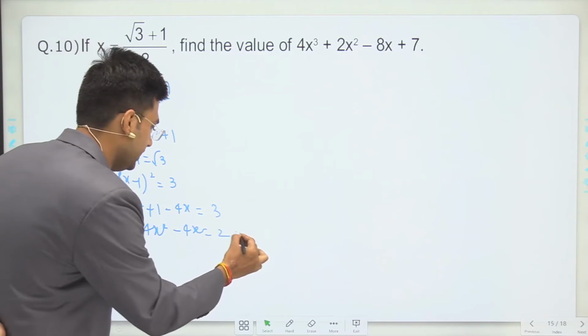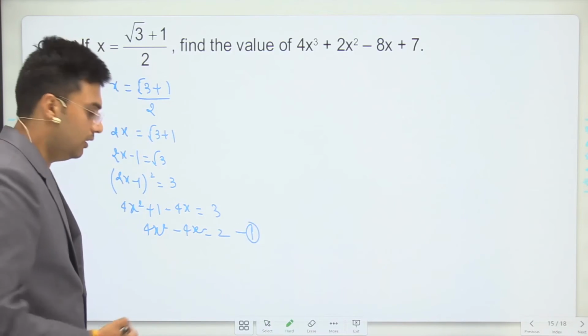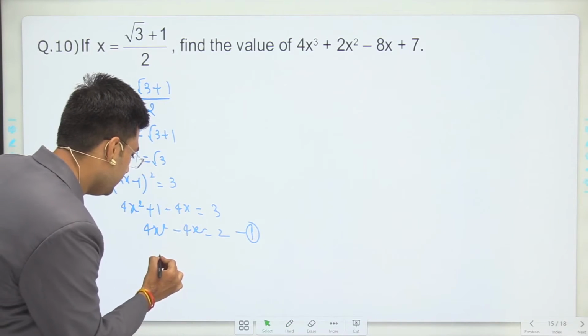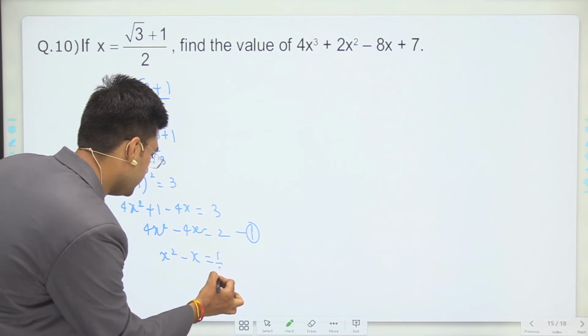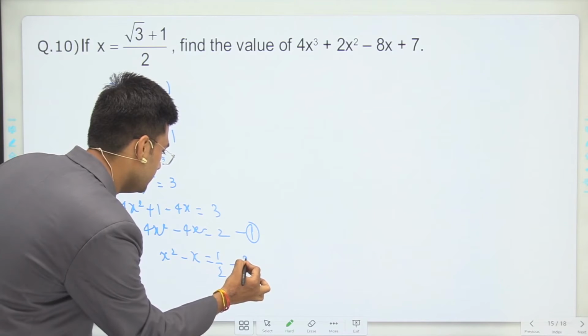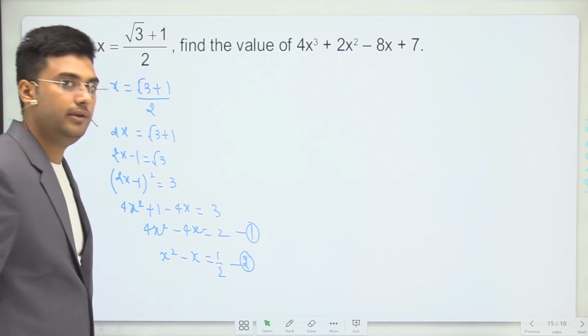Let this equation be 1. Or we can write it as x square minus x equal to 1 by 2. Let this equation be 2. Clear?